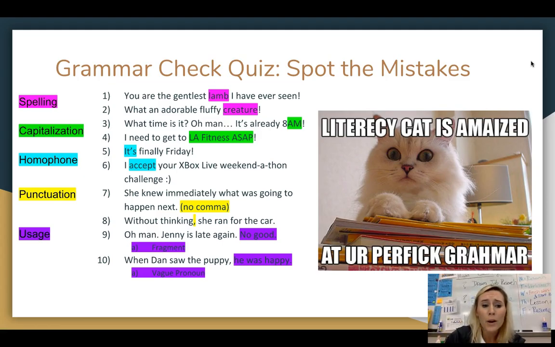We also had some punctuation problems with 7 and 8. In one, a comma didn't belong, and in one, a comma was missing. And then in 9 and 10, we had some usage issues. No good is a fragment and not a sentence that doesn't make sense as a sentence by itself. And we have a vague pronoun in the last sentence. We can't tell if it's saying that he is talking about Dan or he is talking about the puppy. So we don't know who's happy.